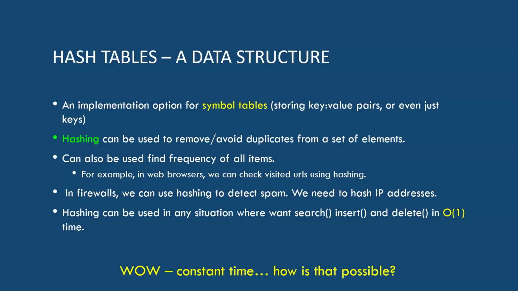And it turns out that with a good equation and a well-tuned strategy, we can do this in constant time. In other words, we don't go searching through a million things in order to find where we put something. We look at the key, and the key gives us the trick to find exactly where we put it. And we really don't want anybody to be able to hack our hashing if it's in a public area.